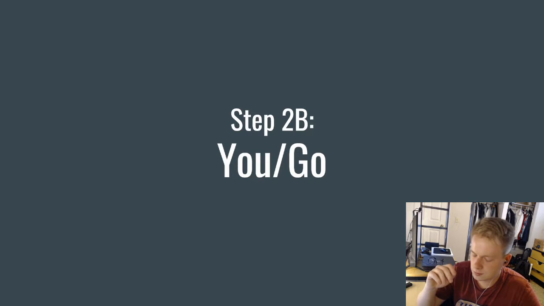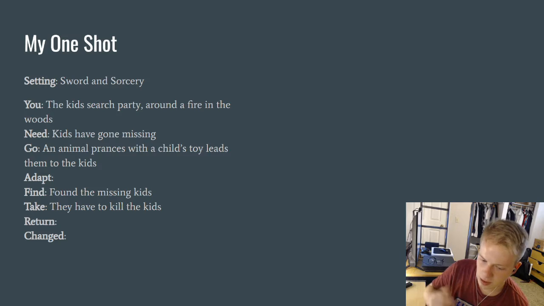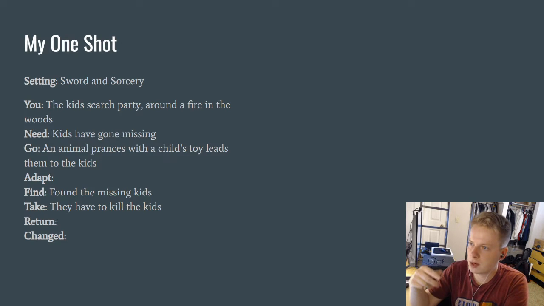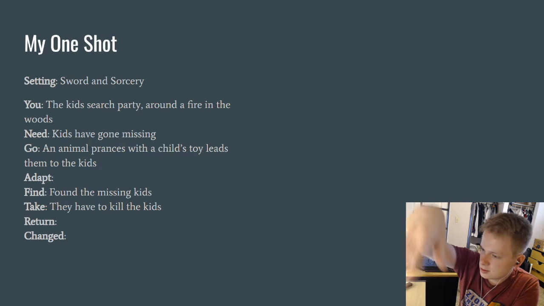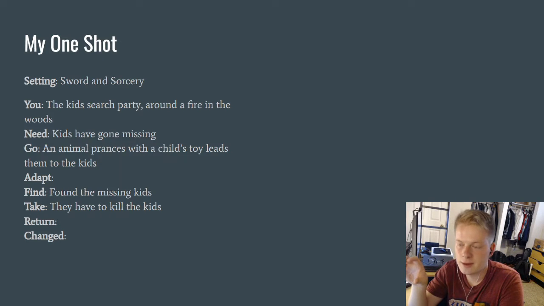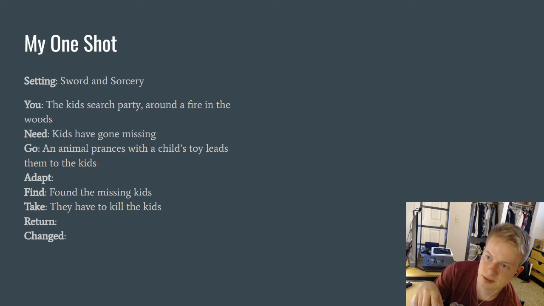All right, so I'm going to start with my characters around a fire. Need: kids have gone missing. Go. I think what I'm probably going to do is have an animal run by with a children's toy in its mouth. That can be the first clue to help our players figure out how to find these kids, right?